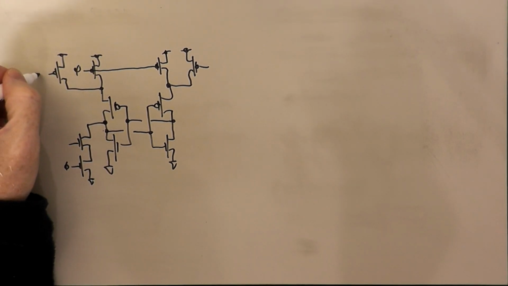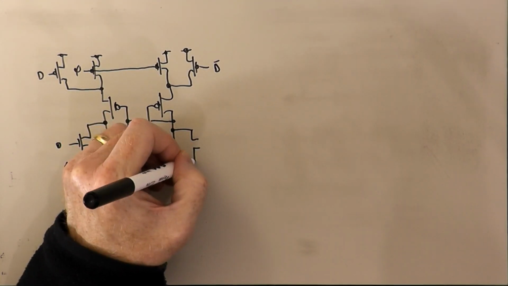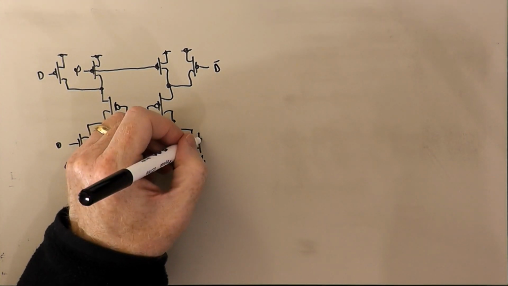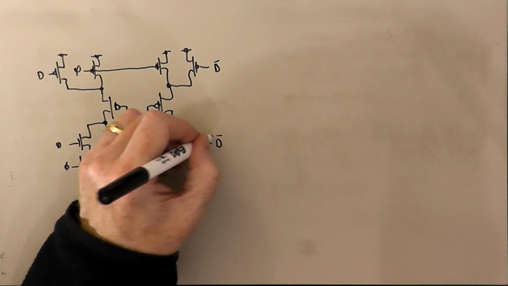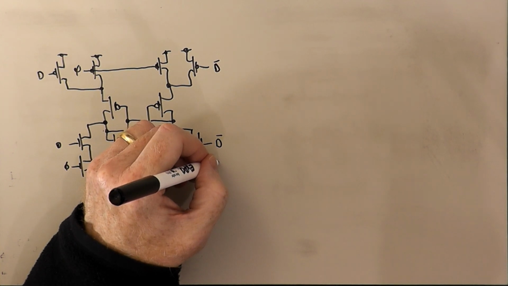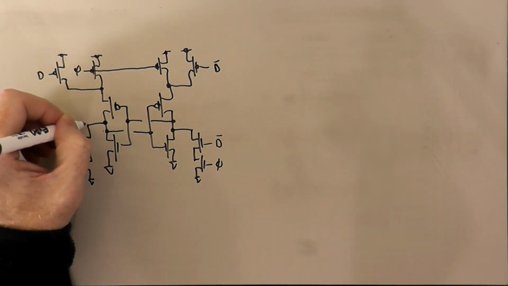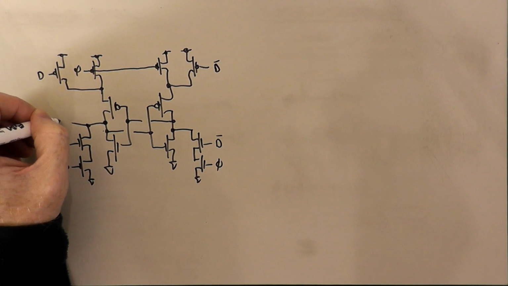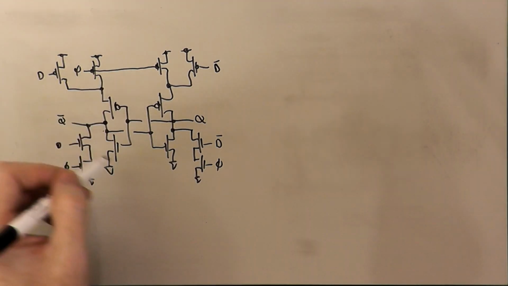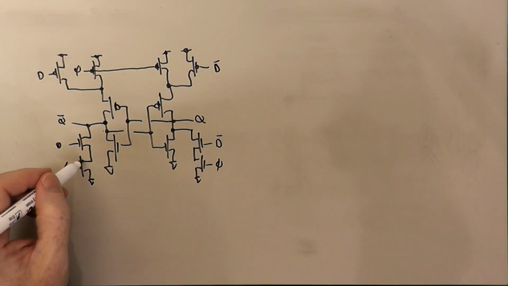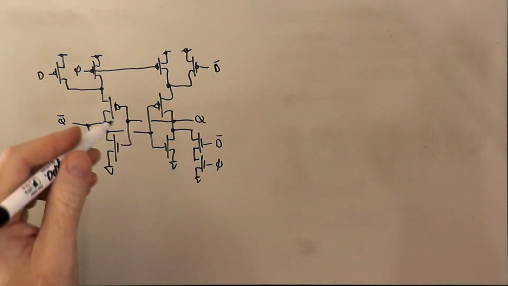So say this is D and D bar, this is phi, and this might be Q bar, and this might be Q. So there was this version of the latch that we talked about last time, only we had R and S, but if we feed D and D bar in here for R and S, then we get our D latch.